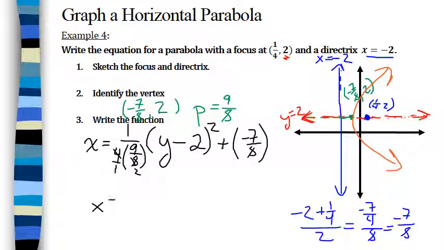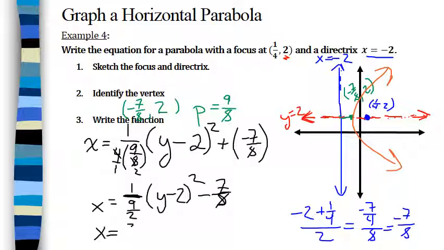So x equals 1/9 over 2 times y minus 2 squared minus 7/8. And when you divide by a fraction, you're really multiplying by its reciprocal. So x equals 2/9 times y minus 2 quantity squared minus 7/8.